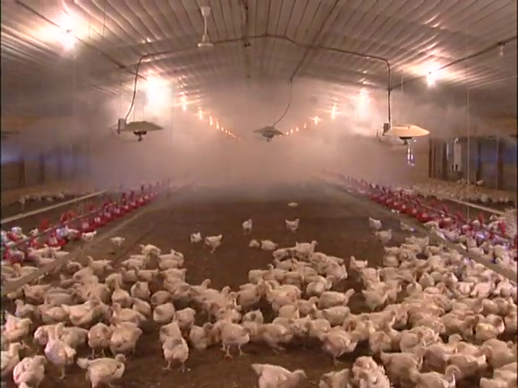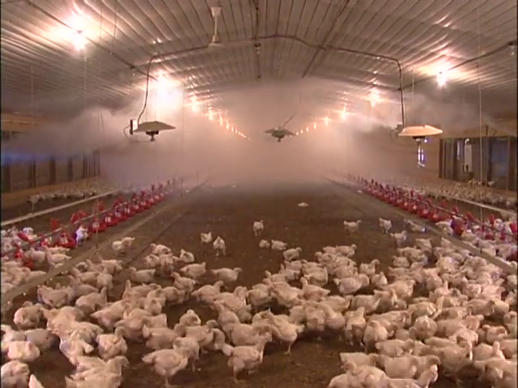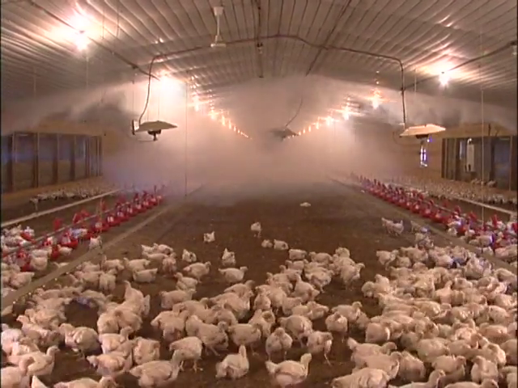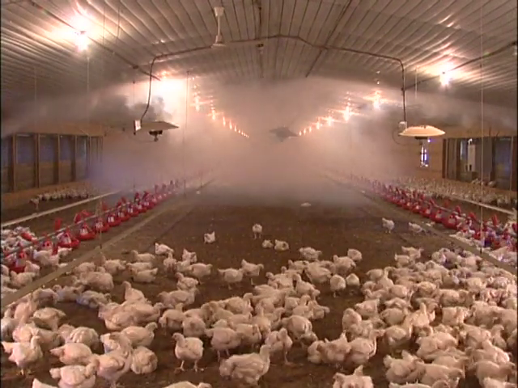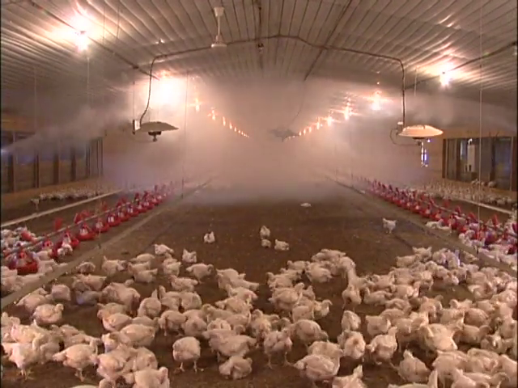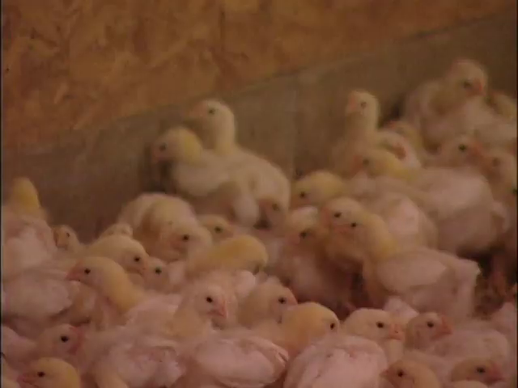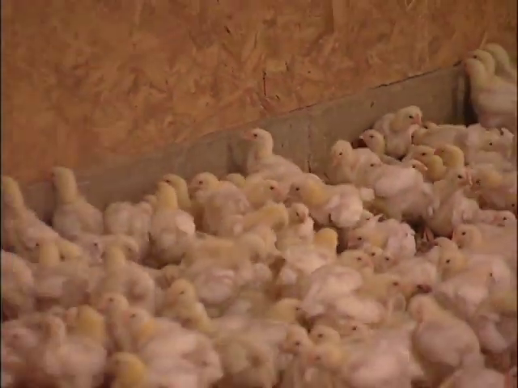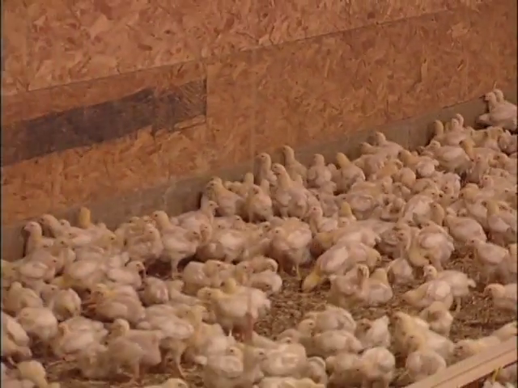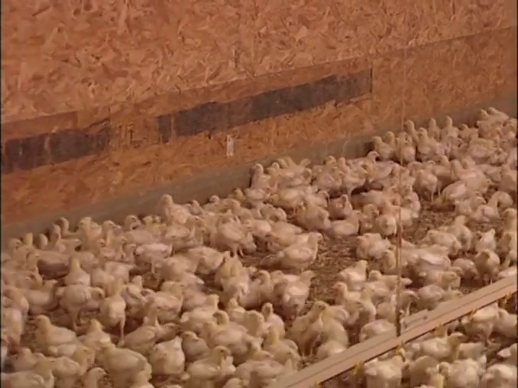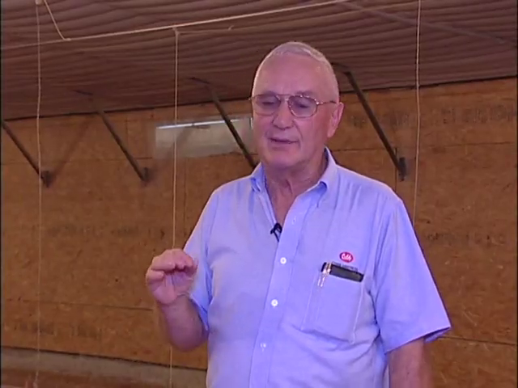So we can have high wind speed if we have high temperature, but we cannot allow high wind speed when we've got low temperature, or we'll either set all of the chickens down or we'll move all of the chickens out to the sidewall and they don't eat and drink. And when that happens, you lose your efficiency. So you have to make sure that, based on the effective temperature chart, your airspeed and the temperature you've got set on your controls work together in every case.